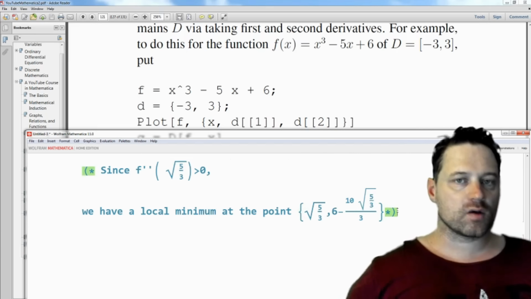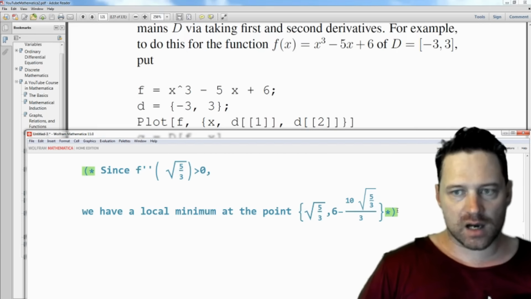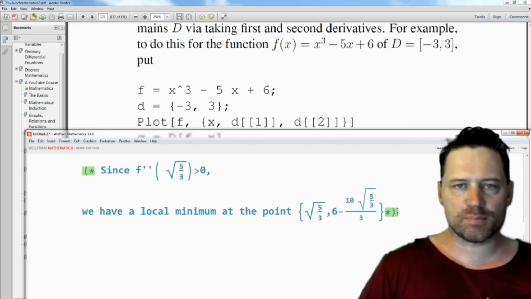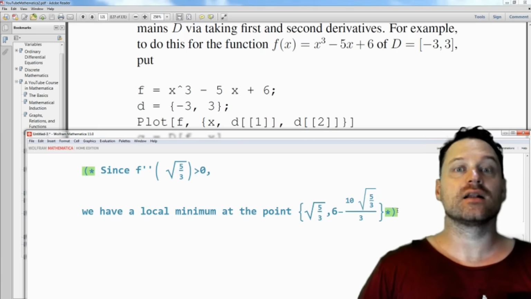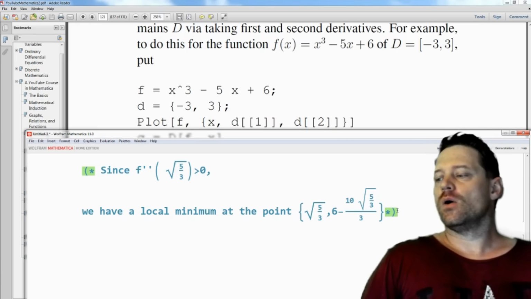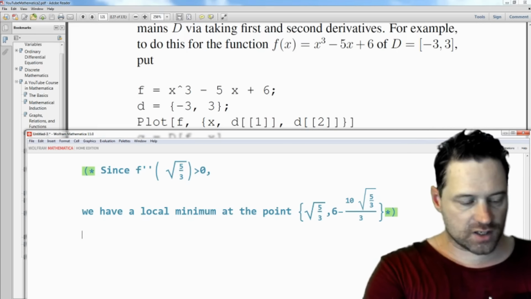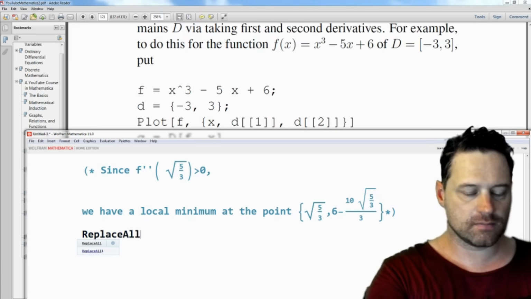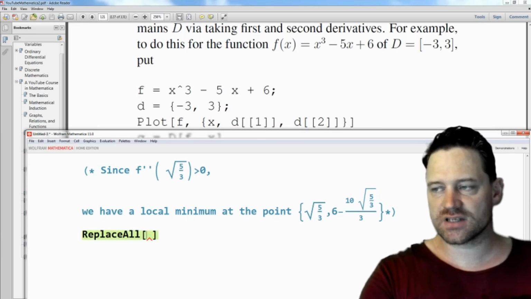All right, now that we found and classified the local maxima and local minima within that domain, we now need to look at the endpoints of the domain in order to deduce which one is a global max or min. That's not too hard, because we just sub in, so I'll just say replace all. I'm using replace all because I don't want to have to enter something into memory.